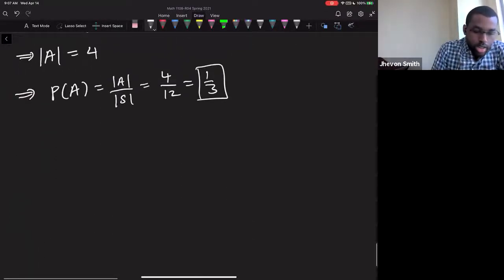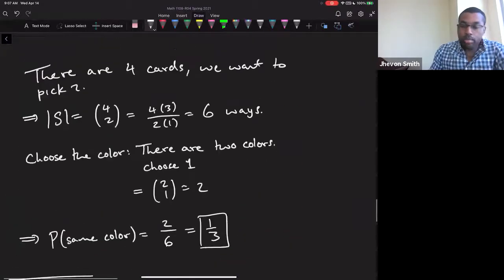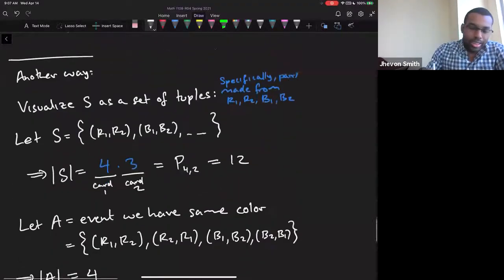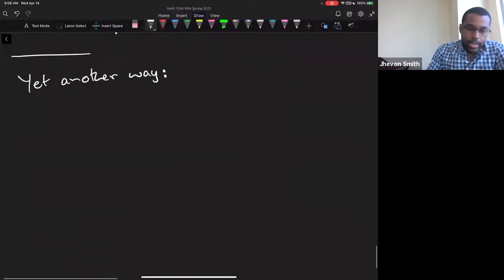Another way, another student might look at this problem. Yet another way. So Xijing thought of this way, and it's fine to think of it that way. So you can just think of it that way and ignore the other 2 ways I'm saying, because it seems like you're thinking about this okay.